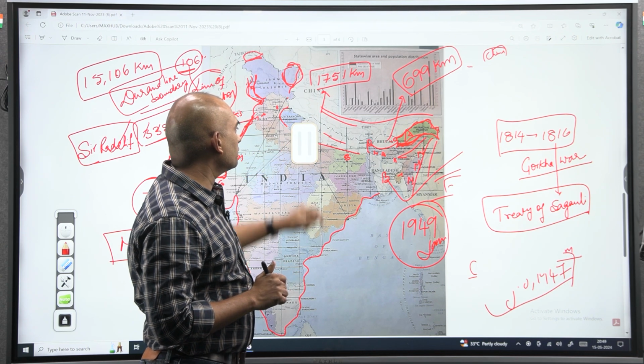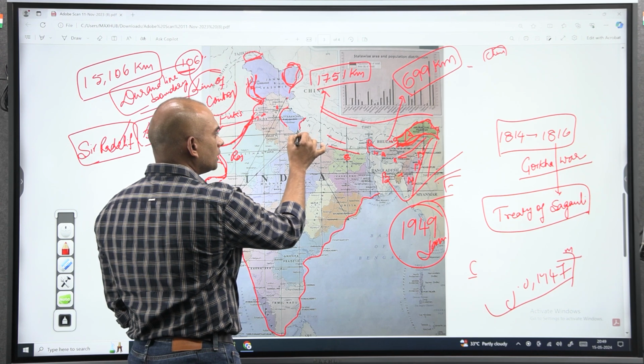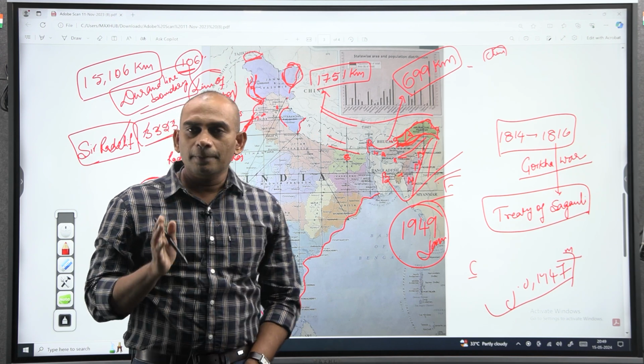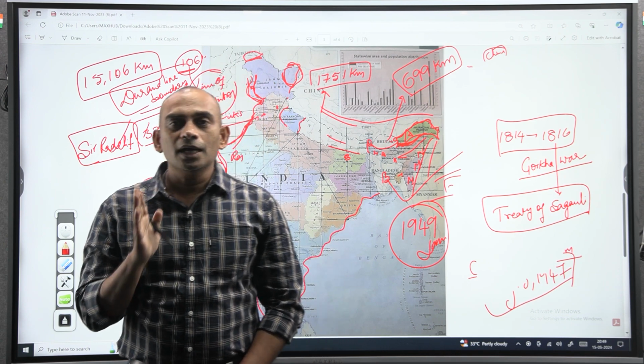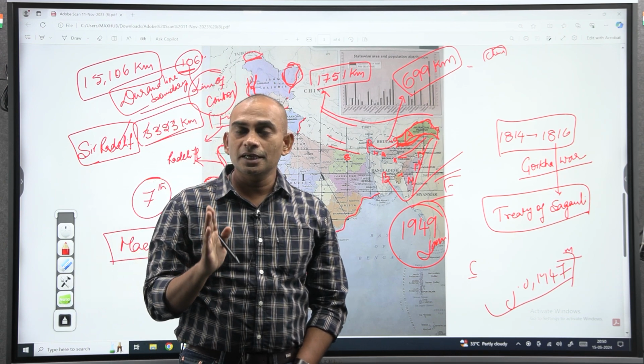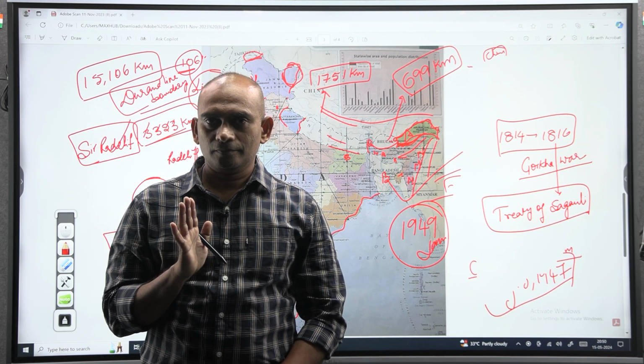What is this Kali River? The Kali River flows between Nepal and Uttarakhand, forming a boundary between Nepal and India.